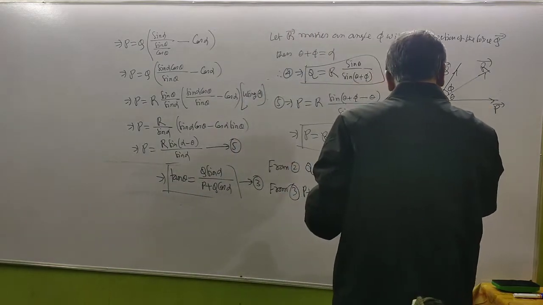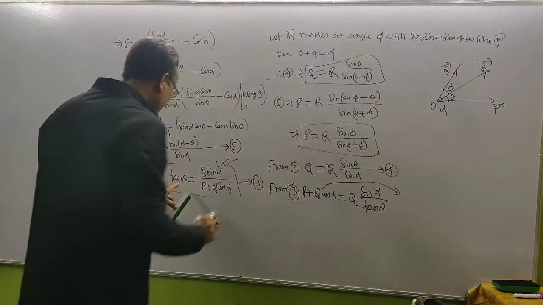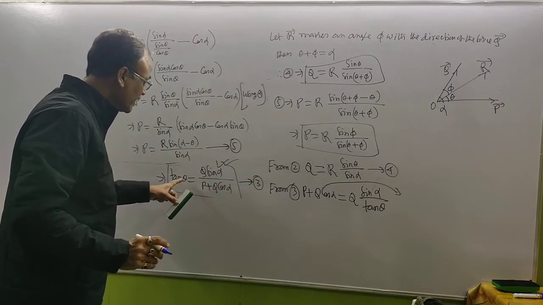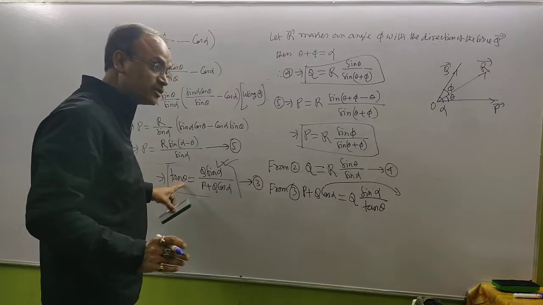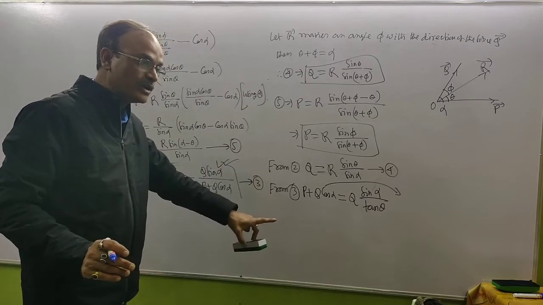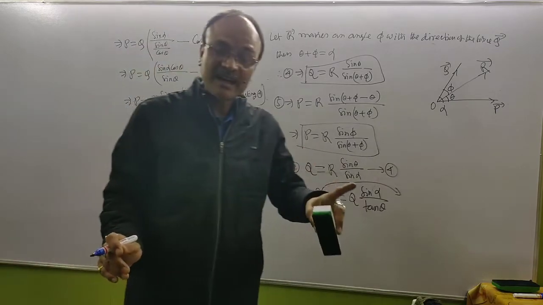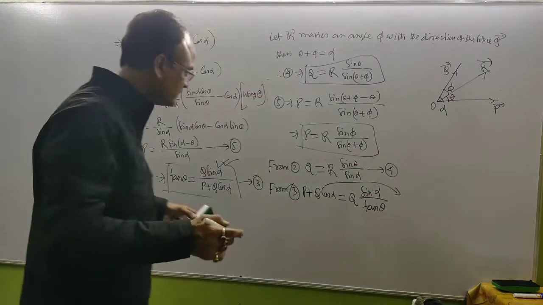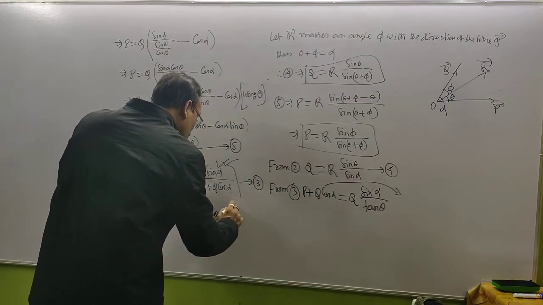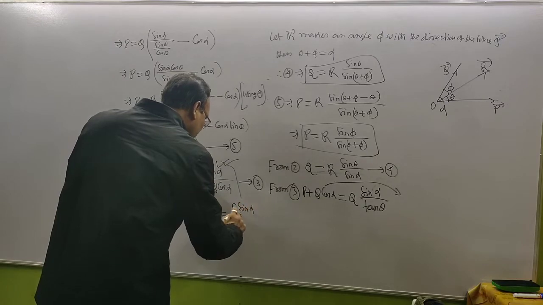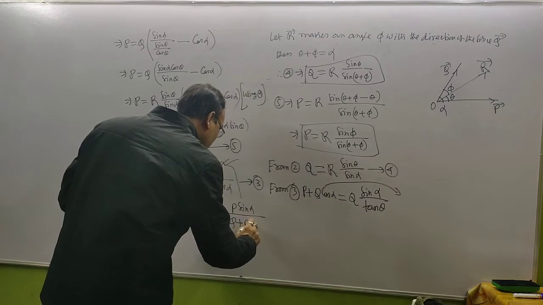What I am going to tell you, if tan theta is equal to this, what is theta? Theta is the angle between the resultant R with the force P. If theta is the angle between the resultant R with the force Q, then you will get tan theta is equal to P sin alpha divided by Q plus P cos alpha.